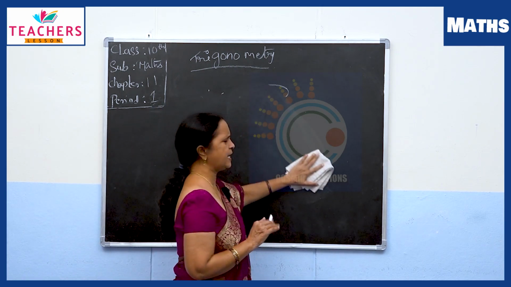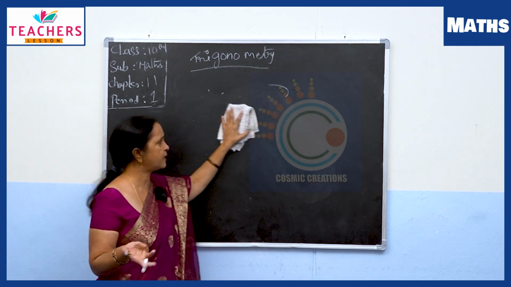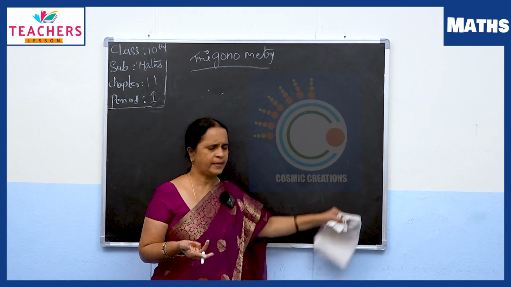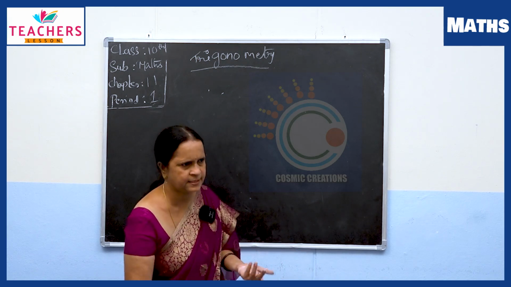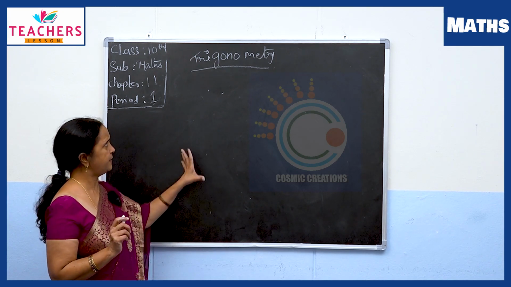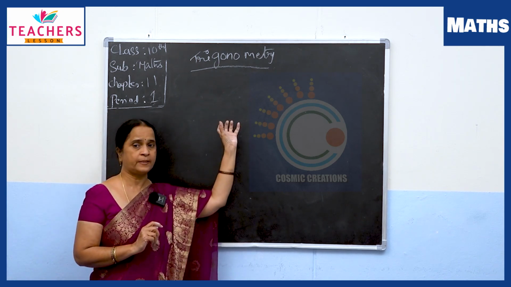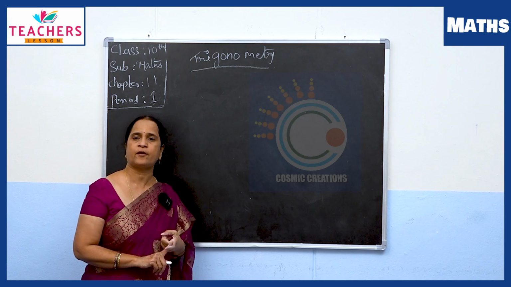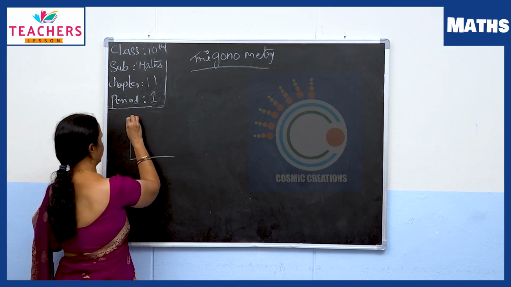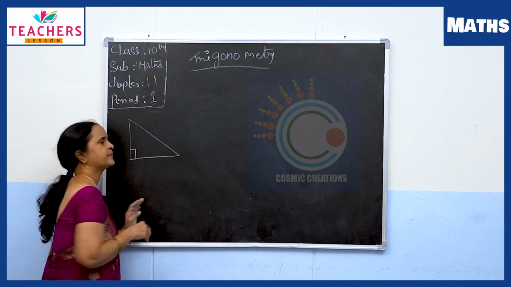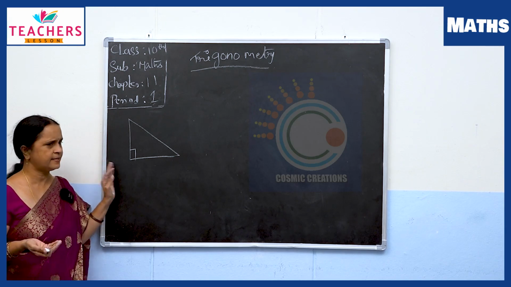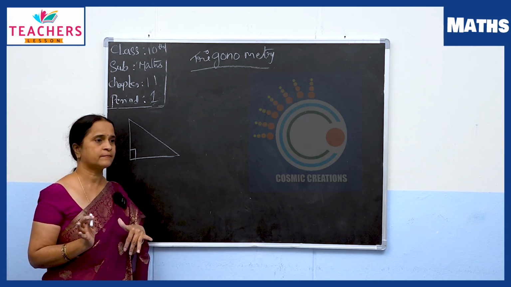Usually isosceles triangle, right angle triangle, equilateral triangle, scalene triangle, acute angle, obtuse angle. But generally this topic deals with only one kind of triangle. What could it be? Right angle. Right angled triangle, also referred to as a right triangle.